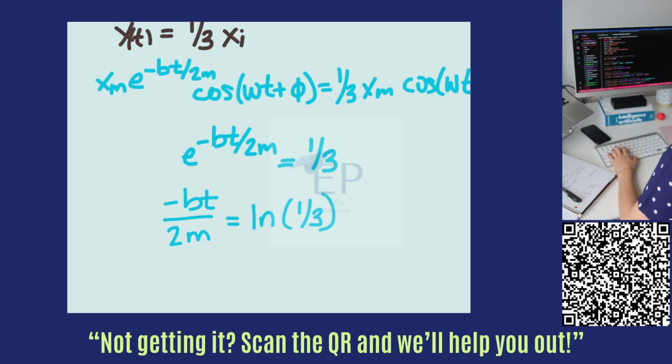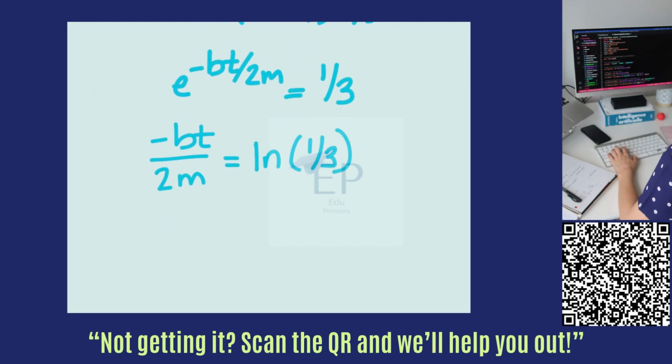And then we can solve for t, where in this case t, our time, will equal negative 2 times the natural log of 1/3 times m divided by b.